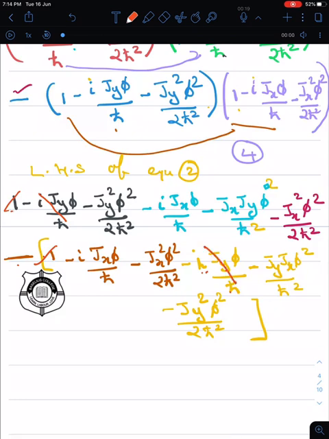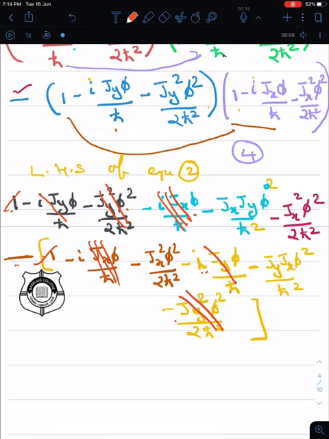Again minus jy square phi square by 2h cross square, and here this minus and minus becomes plus, and that also gets cancelled. Again we have minus i jx phi by h cross. Here also you have plus i jx phi by h cross, that also gets cancelled.